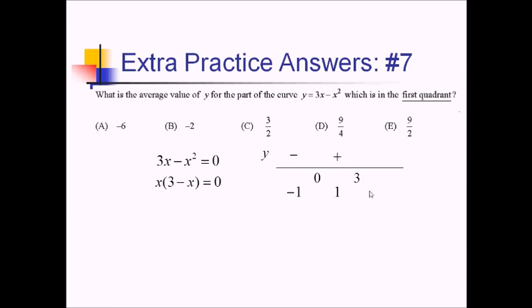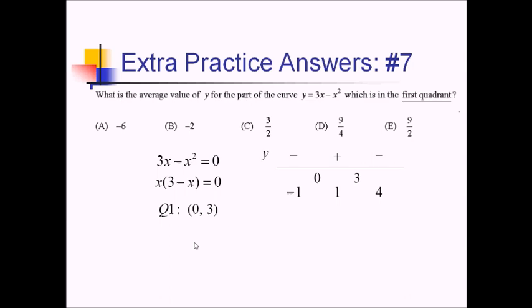Plugging in a number bigger than 3, that's a positive and a negative, so negative. So I see here that I have an interval that's positive for y values between 0 and 3. And since the x values are positive between 0 and 3, that means 0 to 3 is our quadrant 1 interval that we're going to be using to find the average value for this y function.